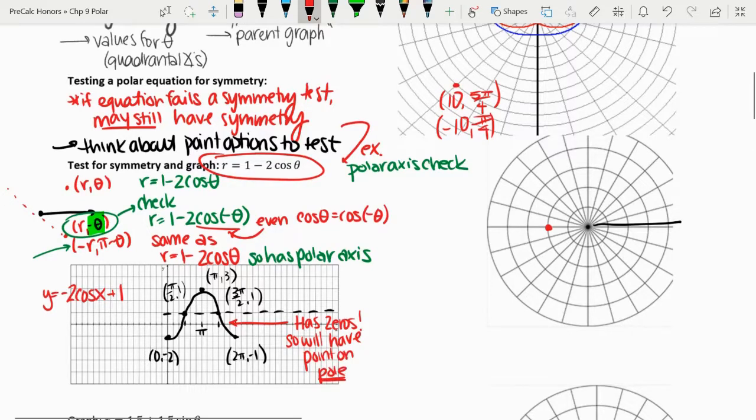And really what's happening is the r value is just getting smaller and smaller to 0. So as my angle gets larger from 0, I'm getting smaller and smaller and closer to 0, and eventually we'll hit that pole point and go through. Then my next point is pi over 2, 1. So that'll be my next point.